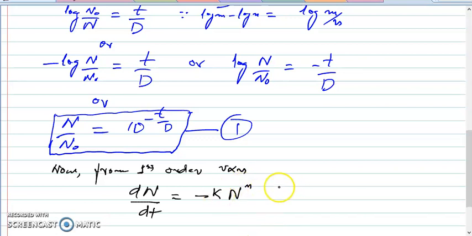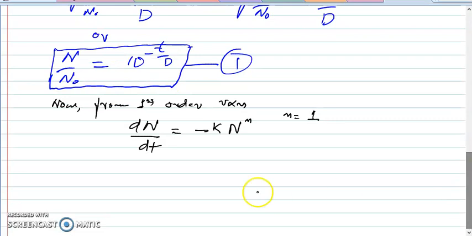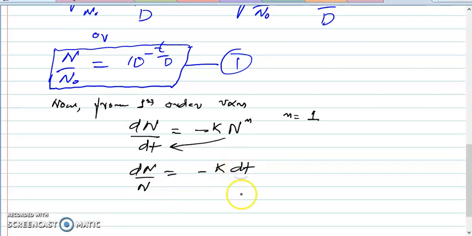But in a first order reaction, this n is equivalent to 1. So we can write this as dN divided by N, transferring this N to here, equals minus k dt.